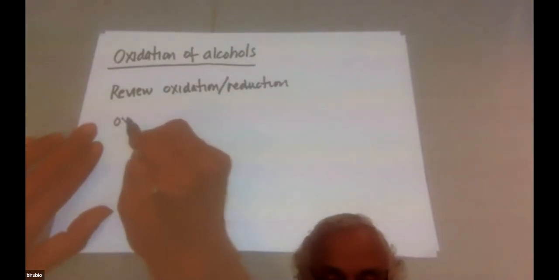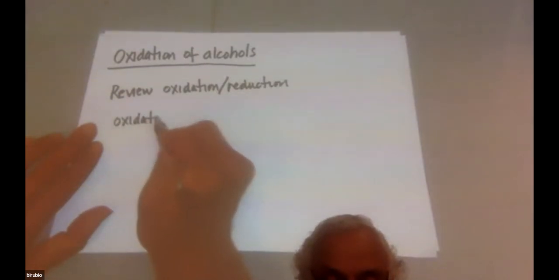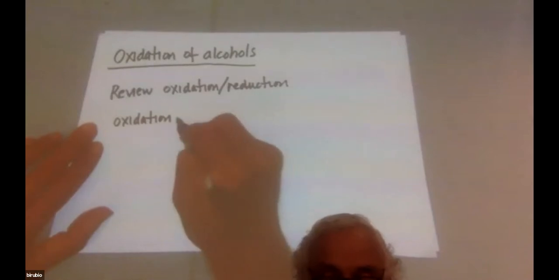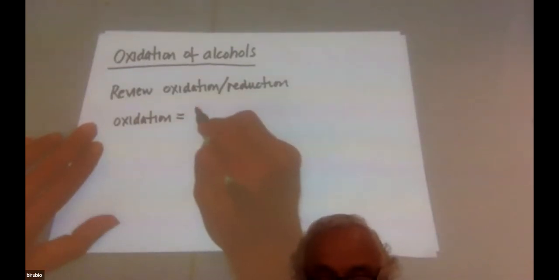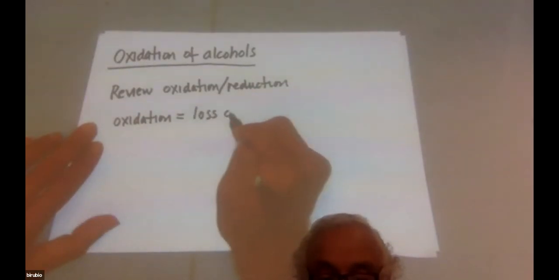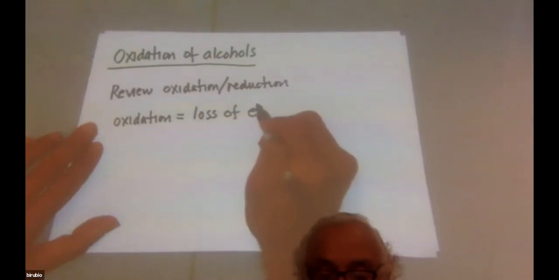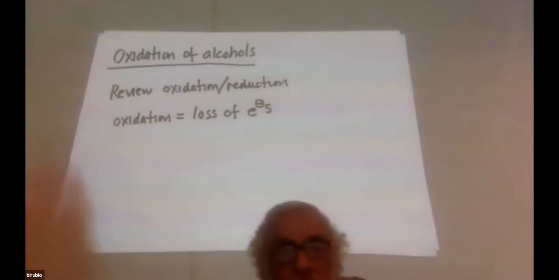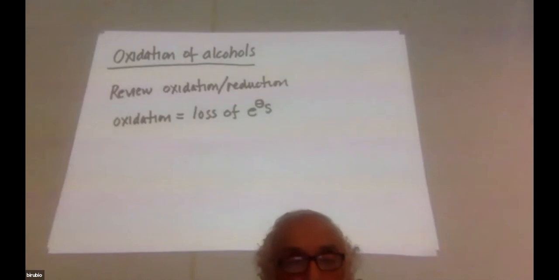Okay, oxidation is defined as the loss of electrons. So maybe that's what they told you in Gen Chem that oxidation was, the loss of electrons. But that does very little good for us here in organic chemistry.